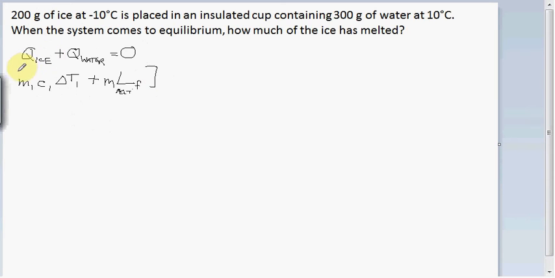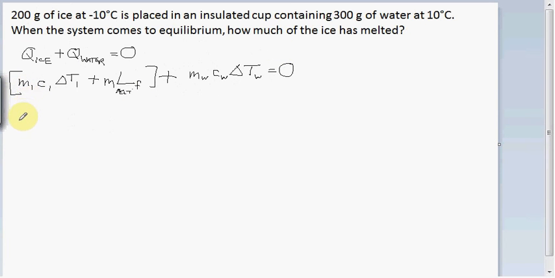So this is the amount of heat that we're adding to the ice, plus the amount of heat that we're adding to the water. The water is actually losing heat, and its temperature is going to change while it does that, so we calculate that using the specific heat. The mass of water times the specific heat of water times the change in temperature of the water, and that all equals 0. Now let's start putting in numbers.